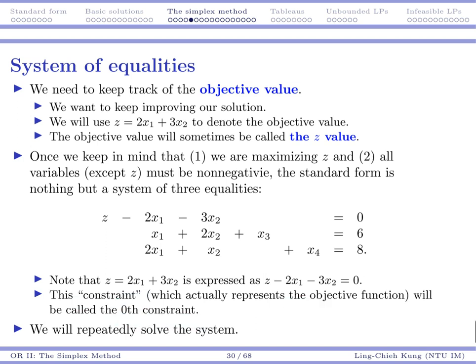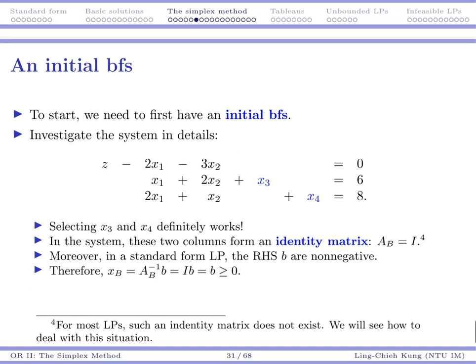So what we will do is to take a look at this system of three equations and keep modifying the values for x so that we may find feasible solutions with higher values of z. So let's start. To start the search process, we need to first have an initial basic feasible solution.